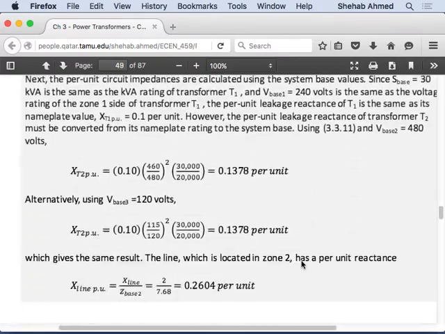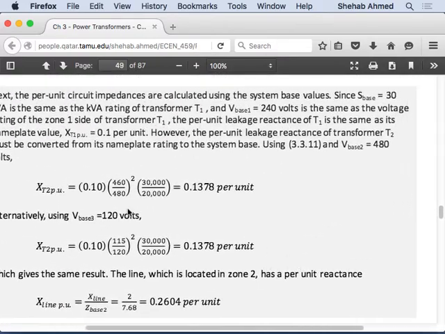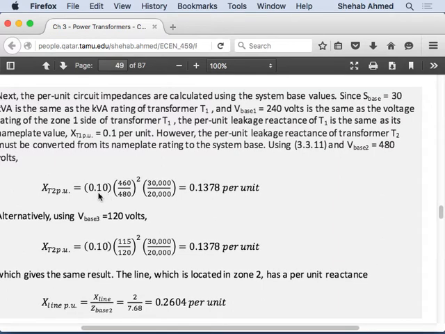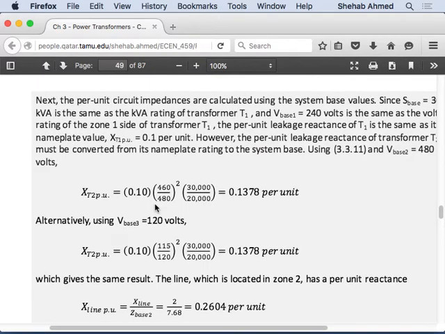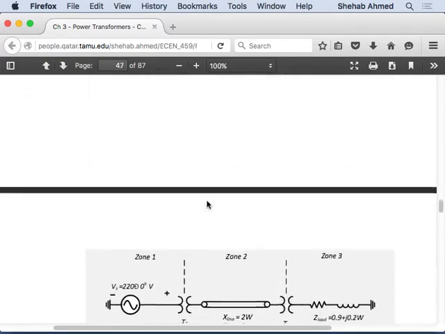So we are given our old per unit impedance, which is 0.1, with the old voltages and old power base and the new power base. This equation is nothing but the equation up here.